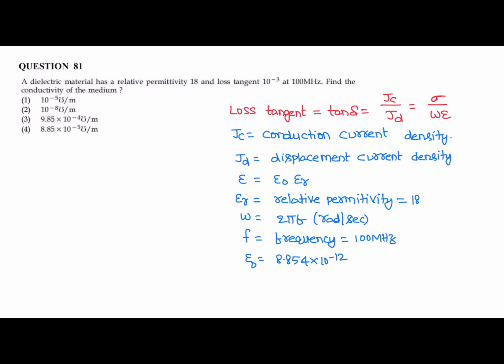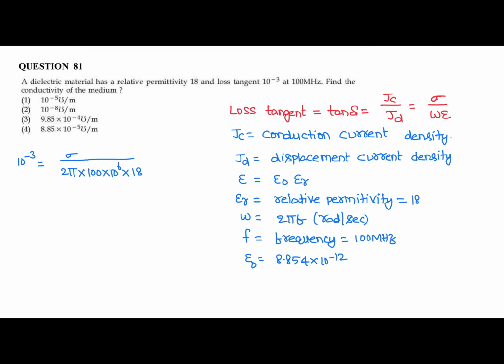So substitute the given values in the formula. Loss tangent, that is tan delta, its value is 10 power minus 3, equals sigma by omega epsilon. We need to find the conductivity of the medium. Sigma equals omega, which is 2 pi f, where frequency is 100 megahertz, 100 into 10 power 6, times epsilon naught, epsilon r. The relative permittivity is 18.